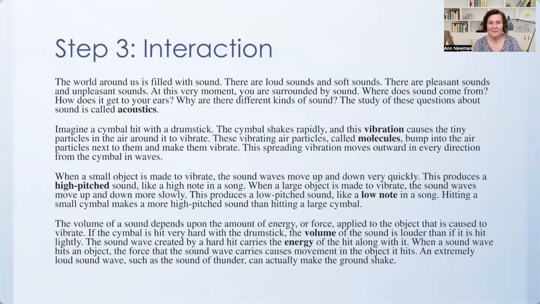So how can I figure this one out? Well, I had the example when the sound waves were moving rapidly. Now it's going to be the opposite. Okay, so now I'll know that it is a low note, which is a low-pitched sound.